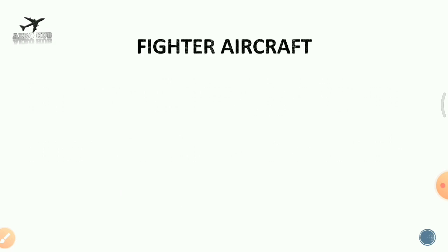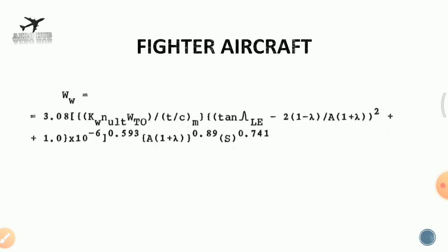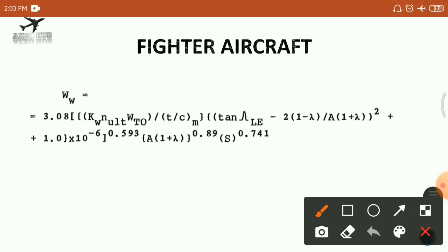Next we will discuss the estimation of wing weight for fighter aircraft. This is the equation we are using, and you can note down all these equations or take a screenshot. Most of the parameters you are aware of, like WTO, but I think you are not aware of the terms KW and lambda LE.